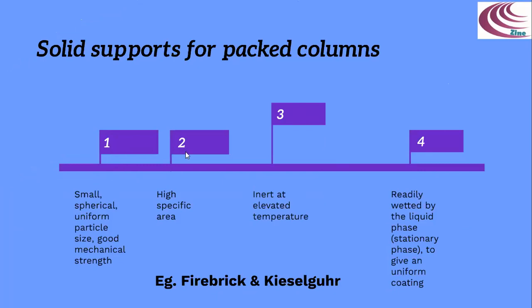Second point, it should have a high specific surface area, at least of the order of 1 meter square per gram. Third point, it should be inert even at elevated temperatures. And fourth point, it should be readily wetted by the liquid phase, which is to be used as the stationary phase, so as to give a uniform coating.